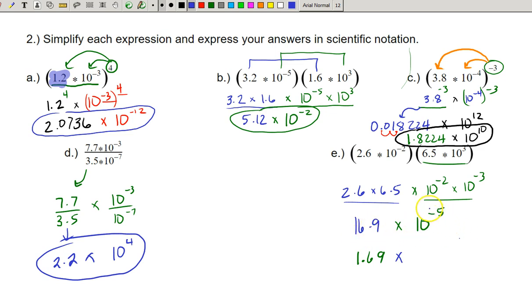So on the right-hand side over here, I'm going to multiply by 10, or add 1 to the exponent, to keep that value in balance, to keep it equivalent to the one above it. So now this is going to be 10 to the negative 4 because I'm going to add 1 to that. So that's the last problem.